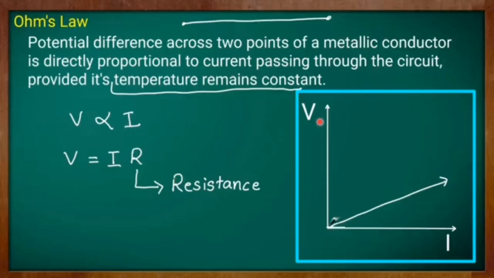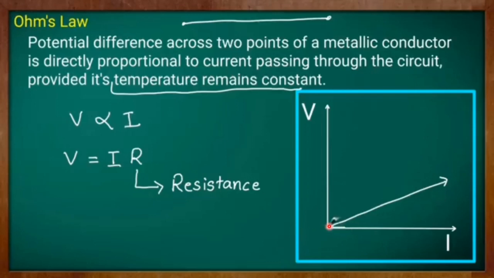If we want to represent Ohm's law graphically, the graphical representation of Ohm's law is like this. We take the current, that is I, along the x-axis, and potential difference V along the y-axis. If you represent Ohm's law graphically, you are going to get a straight line. There is no condition that you will get a straight line exactly like what I have drawn here.